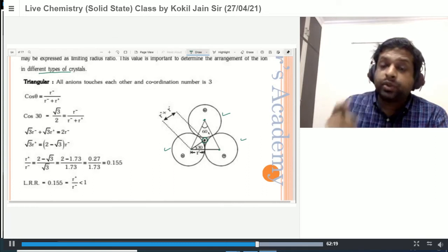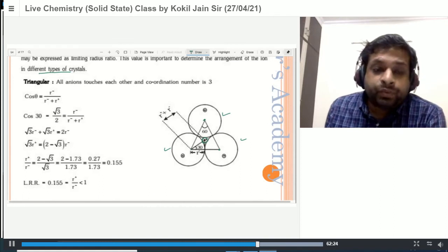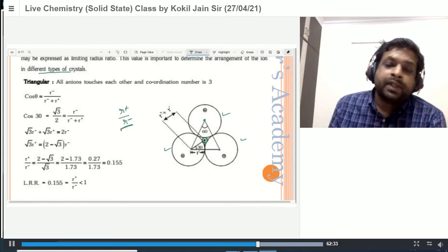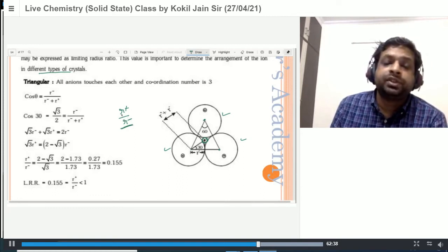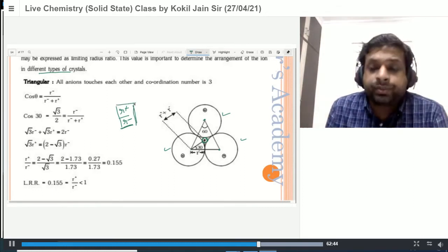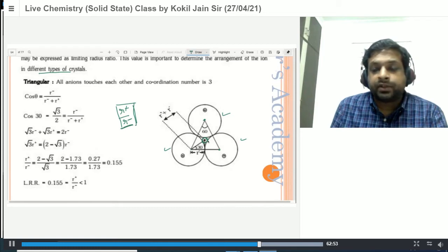So if you want this ratio of r+ to r-, cation to anion, where the anions are touching each other and the cation is present in between, we are going to calculate the limiting radius ratio for which they can assume this state. Now see here, this angle from the center of the cation to the center of the anion is completely 60 degrees. This is an equilateral triangle.